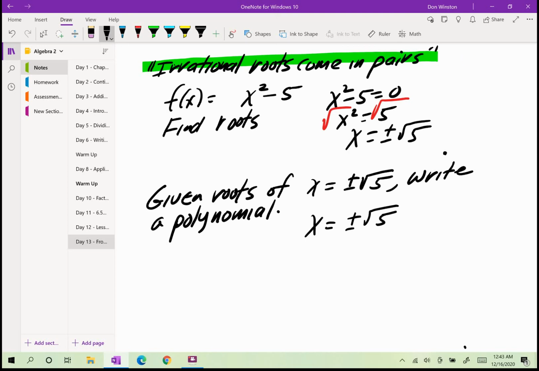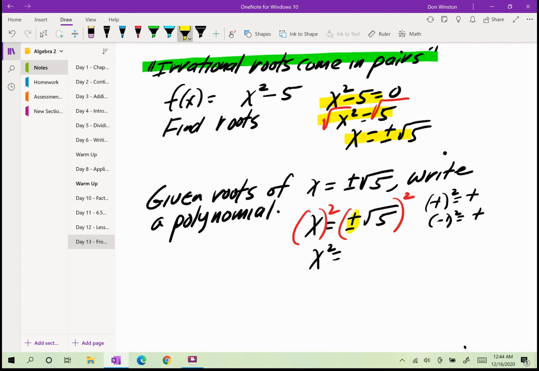Okay, so when I solved for x here, I took the square root. Well, I'll just reverse what I did when I solved. So here, I'll square things. I'll square both sides. And so I'll have x squared. Now, if I take a positive and square it, I get a positive. And if I take a negative and square it, I get a positive.